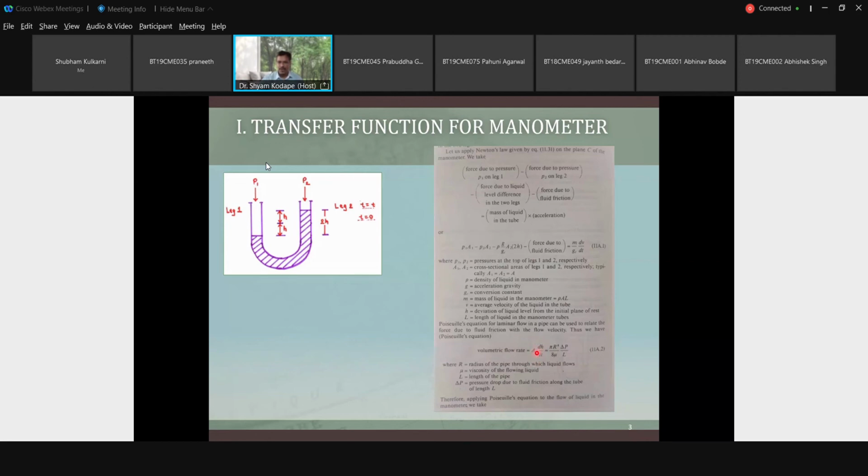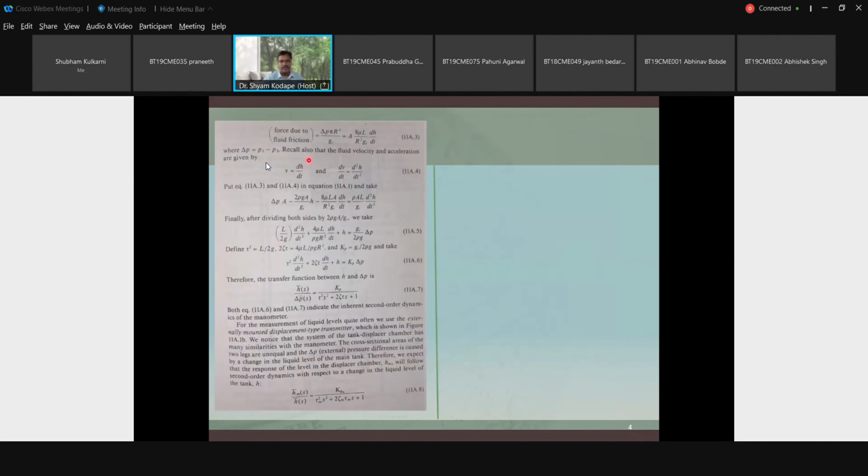It will be like pi r to the power 4 by 8 mu, delta p by s. You can derive it, but don't derive it. Just write down delta hf, that equation, delta hf rho g A. If you put this into the equation, you will get the force due to fluid friction, equal to delta p pi r squared by gc.